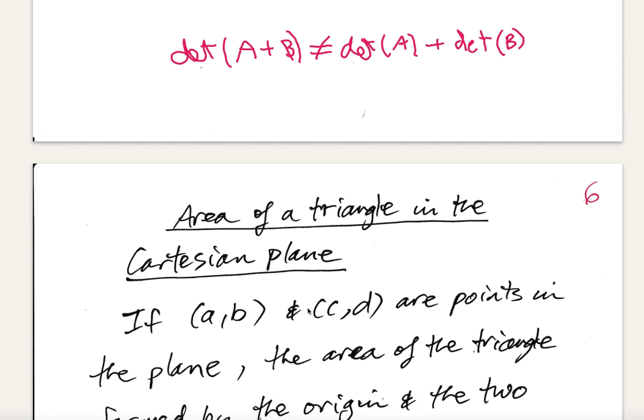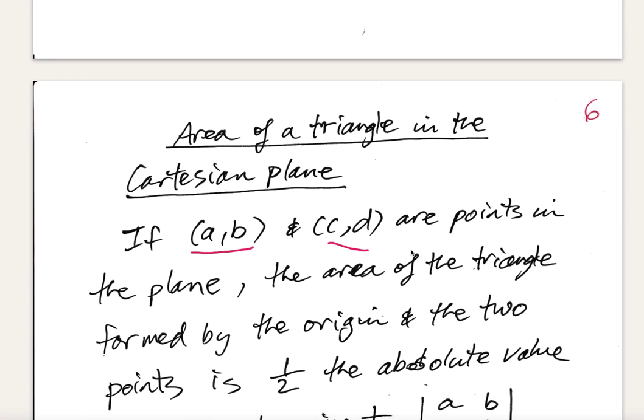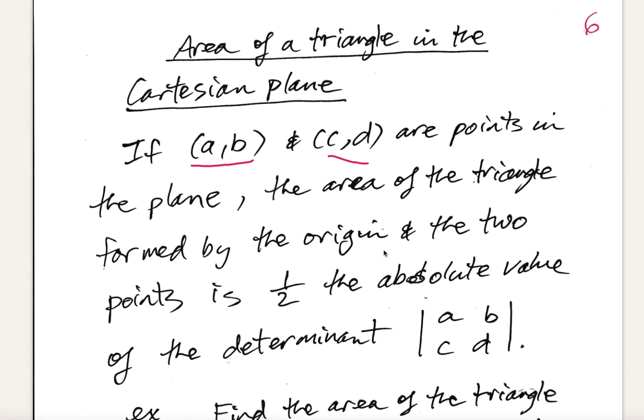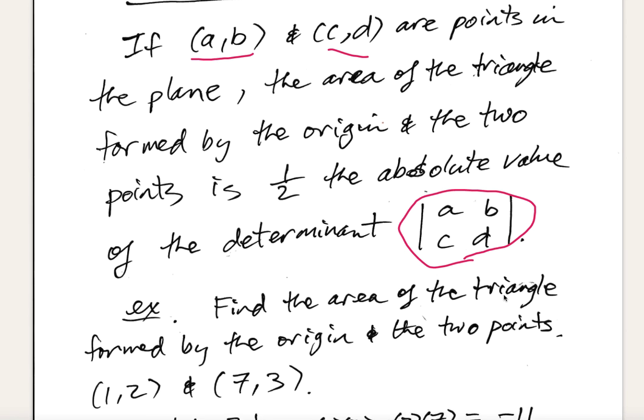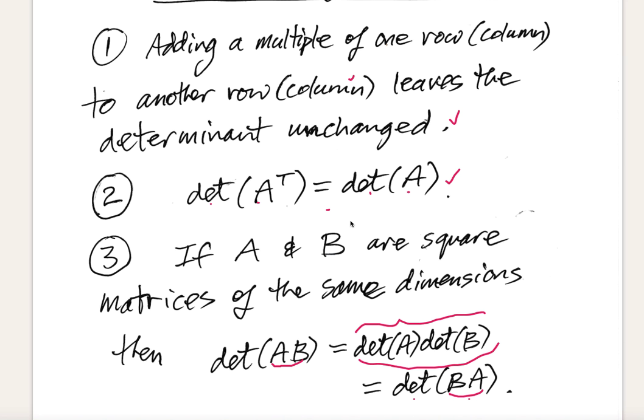The area of a triangle in the Cartesian plane. Suppose I have 2 points with coordinates A, B, and C, D in the Cartesian plane. The area of the triangle formed by those 2 points and the origin is half the absolute value of this determinant, A, B, C, D. I could have taken the transpose of that matrix inside the vertical bars, and that would work too, because of that number 2 property.